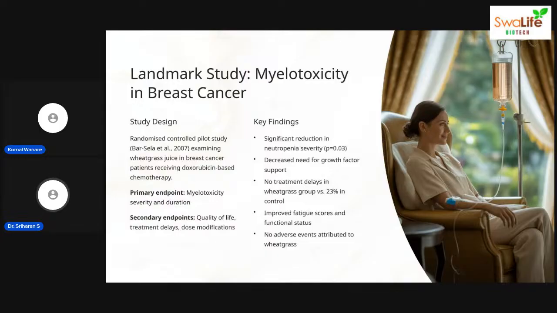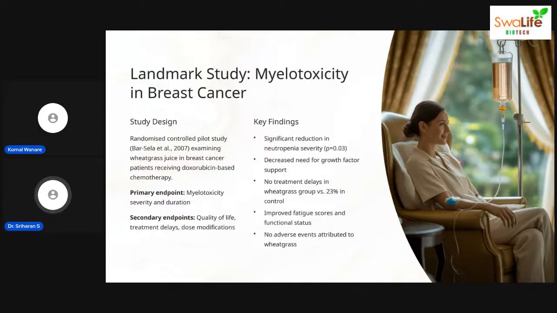It took place as a randomized pilot study. I am saying the very important things about this study. Neutropenia is very important. You all may know about the neutropenia value; it is in the CBC count level.